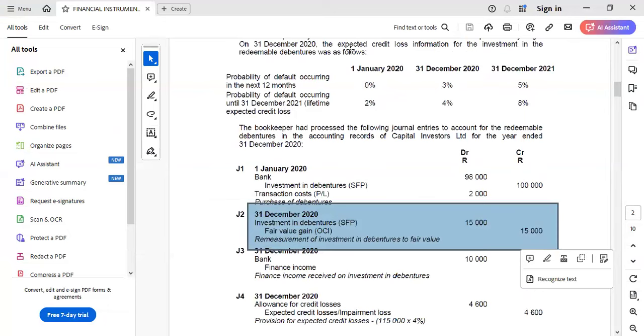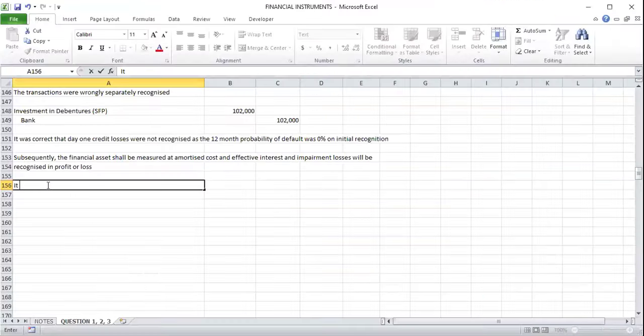So it was wrong to recognize fair value gains as the financial asset is not classified at fair value.